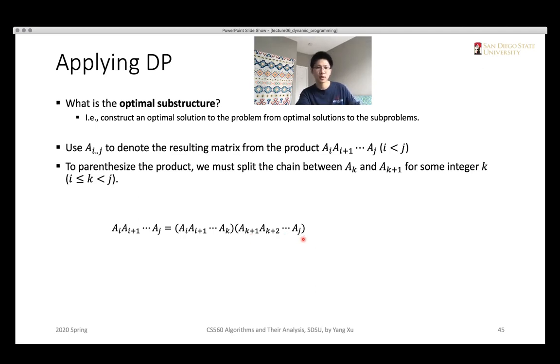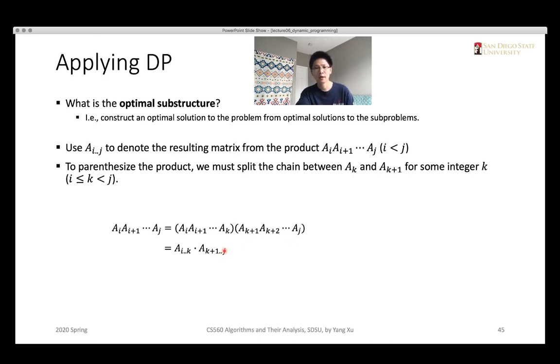Okay? And if we use the shorter notation here, we can rewrite the long chains into a more compact form. Like we use A subscript I to K to indicate the result of doing the chain product within the left parenthesis, and then A subscript K plus 1 to J to indicate the result of the right chain product.